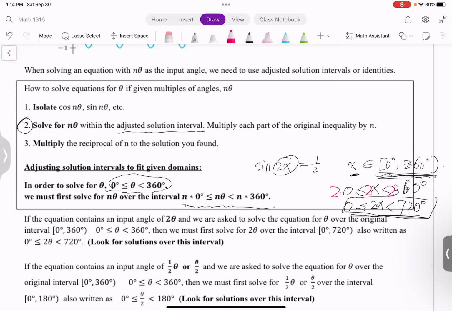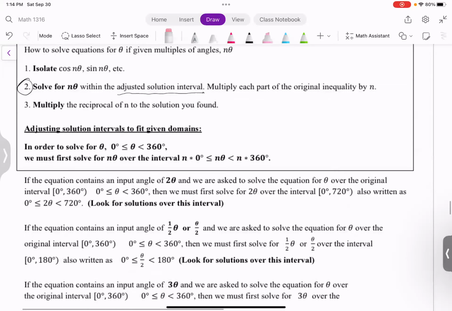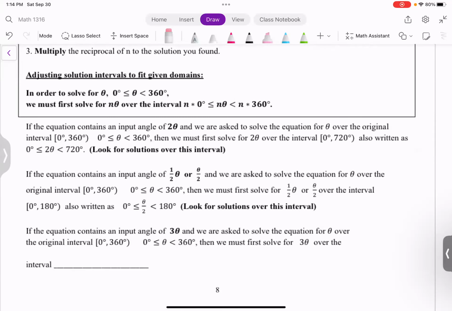That means everybody multiplies by n. This is the interval of n theta. Find the value of n theta first, then we need to find x. All right, let's see how to find the adjusted solution intervals.